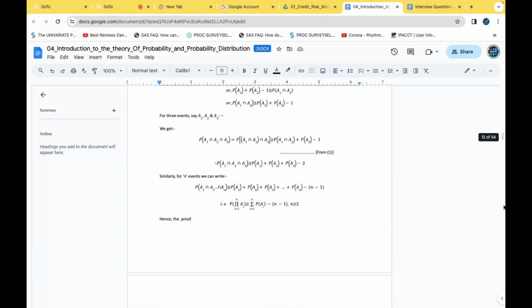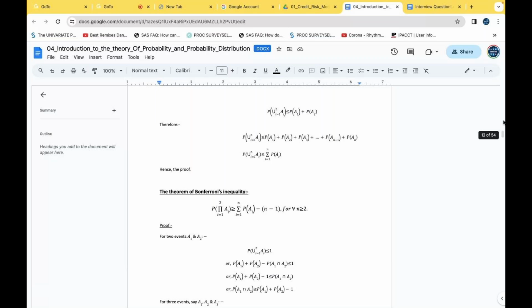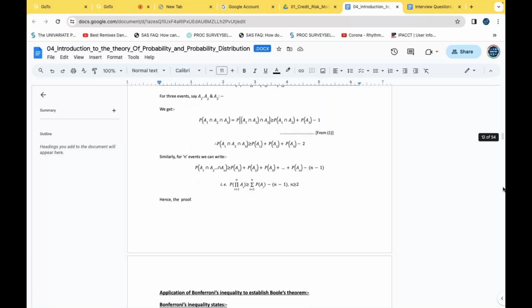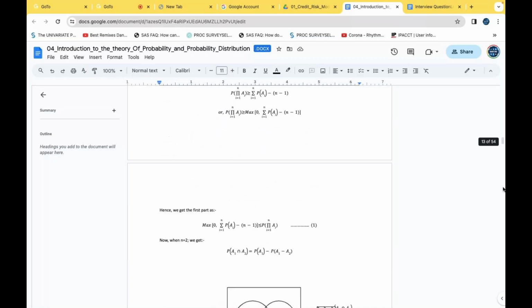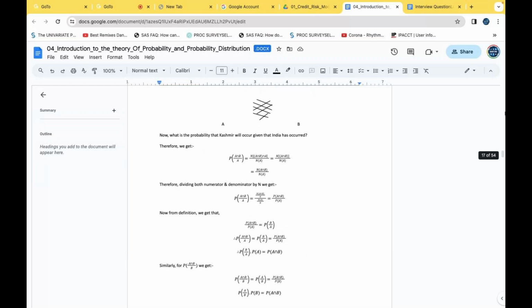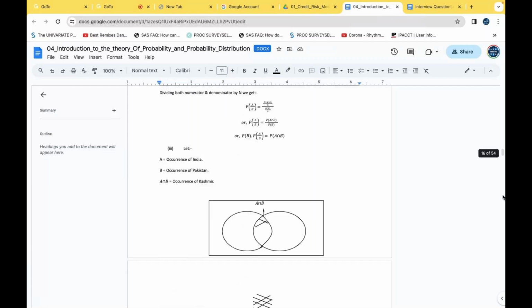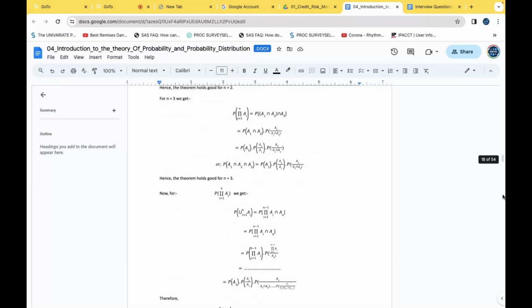For example, you don't need to understand the Bonferroni's proof, but it's good if you know what the Bonferroni's inequality is. Similarly, when you are starting conditional probability, you don't need to know the proof, but it is good if we get to know the structure of conditional probability, right?